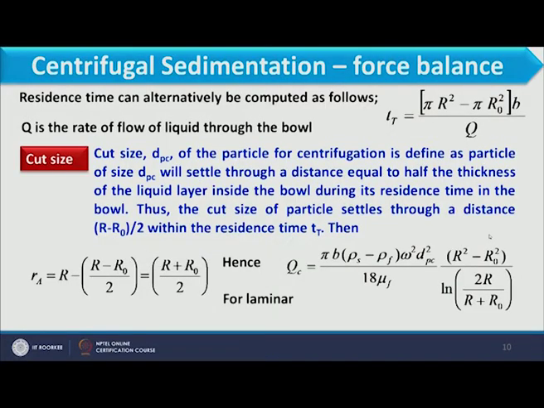So for the laminar zone, we can calculate QC like this. Now how we have obtained this expression is, we have this Q value and the QC we have defined here.